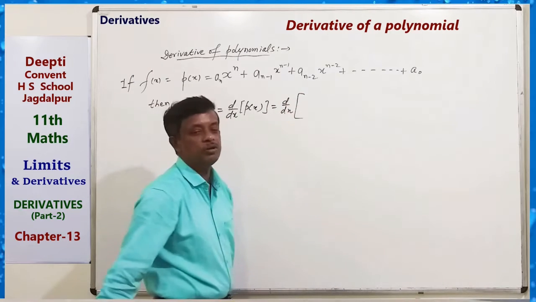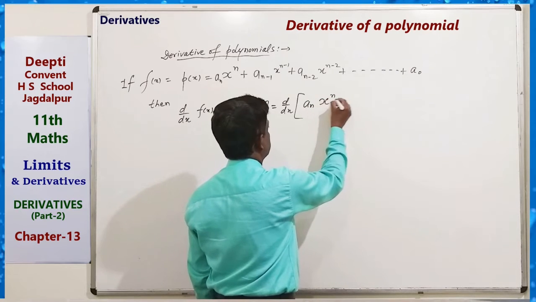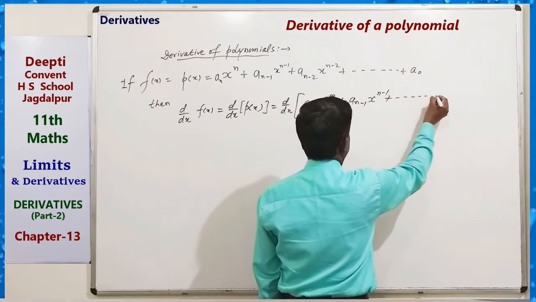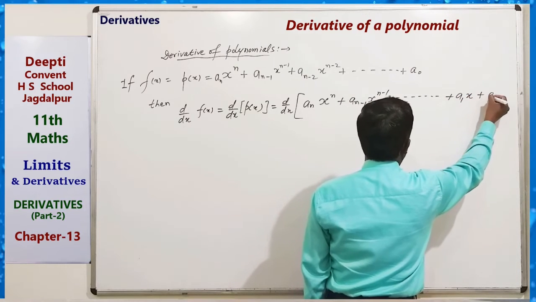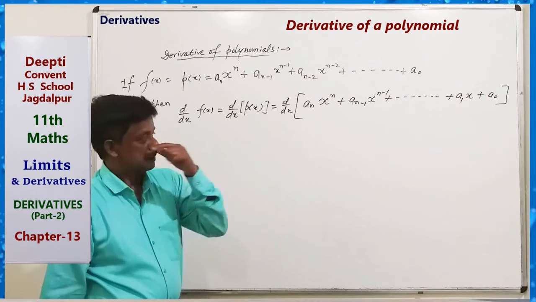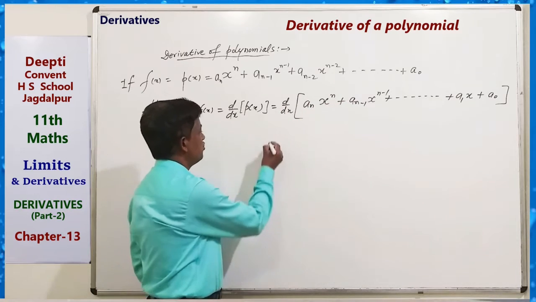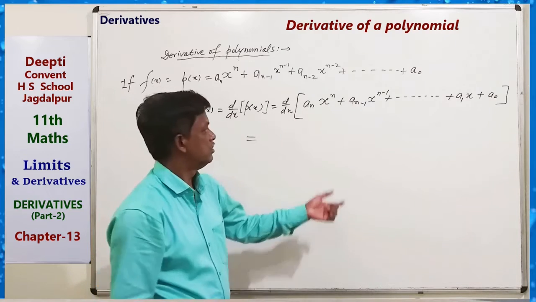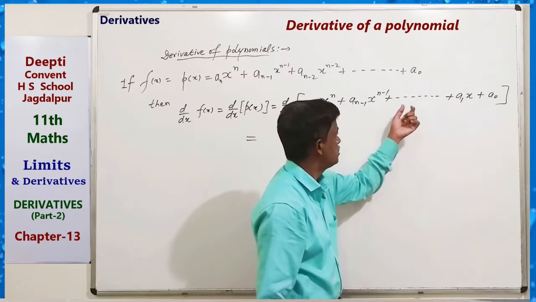Just write the polynomial here: a_n x to the power n plus a_(n-1) x to the power n minus 1 and so on up to a_1 x to the power 1 plus a_0. This is a polynomial. We can distribute this derivative for finding the polynomial derivative. Just distribute, as this is added to this part, again this is added to this part.